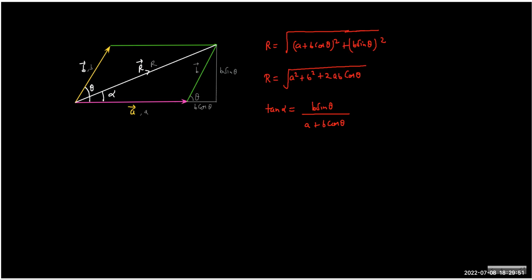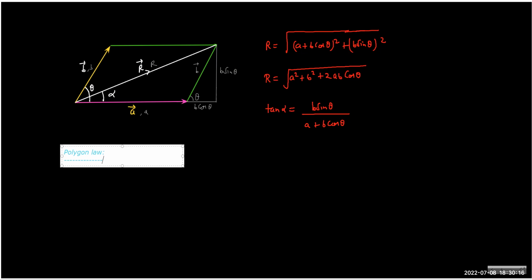The third law that we should be aware of is called the Polygon Law, which is simply the extension of the triangle law. As we know, the triangle law or parallelogram law works for two vectors.